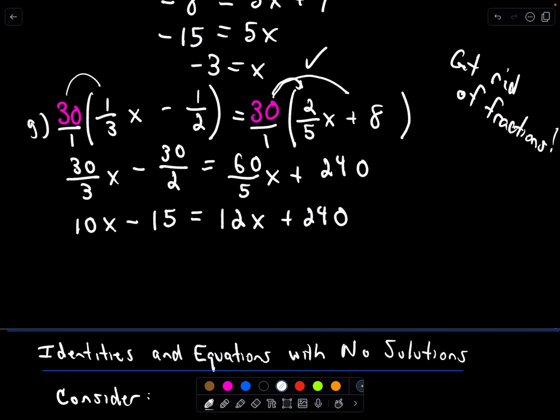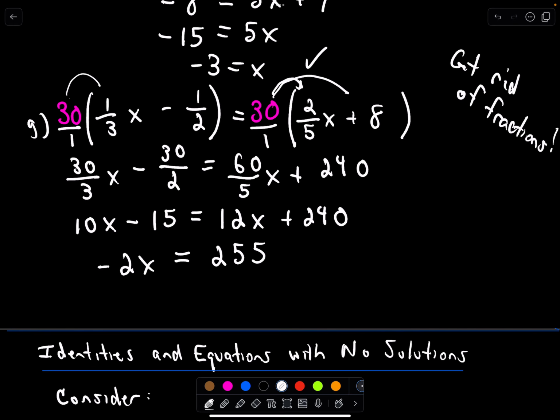So I'm going to subtract 12x from both sides. 10x minus 12x is going to leave me with negative 2x. And then I'm going to add 15 to both sides. So 240 on the right, if I add that 15 to it, I get 255.